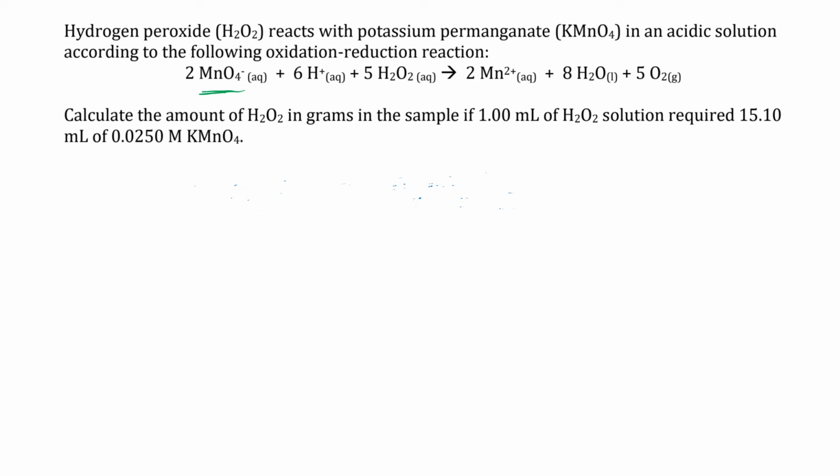So the first step we're going to do is find the moles of potassium permanganate. We are going to multiply the known volume of the titrant, the KMnO4, by the known molarity given in the problem.